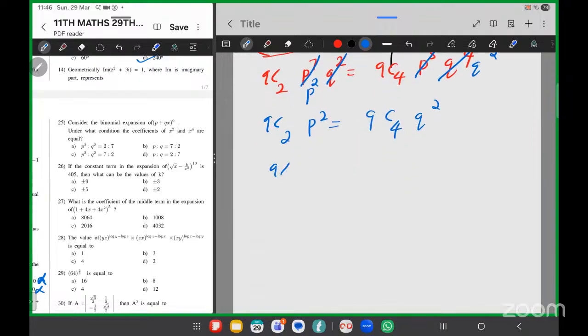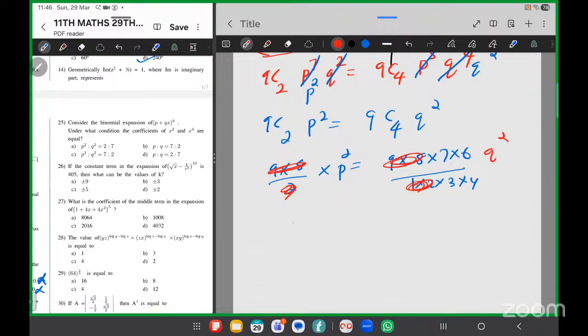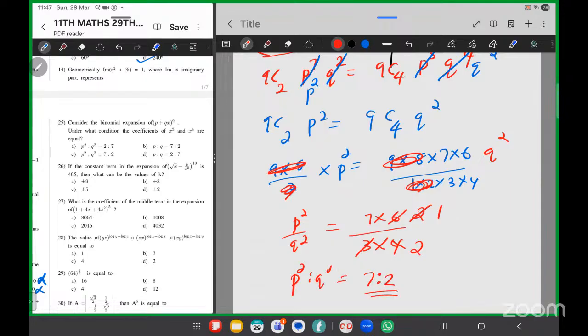So 9 into 8 by 2 into p square is equal to 9 into 8 into 7 into 6 divided by 1 into 2 into 3 into 4 into q square. 9 and 8 get cancelled, so p square, q square become 7, 6 by 3, 4, which is 7 by 2. So p square is to q square equals 7 is to 2. Option C.